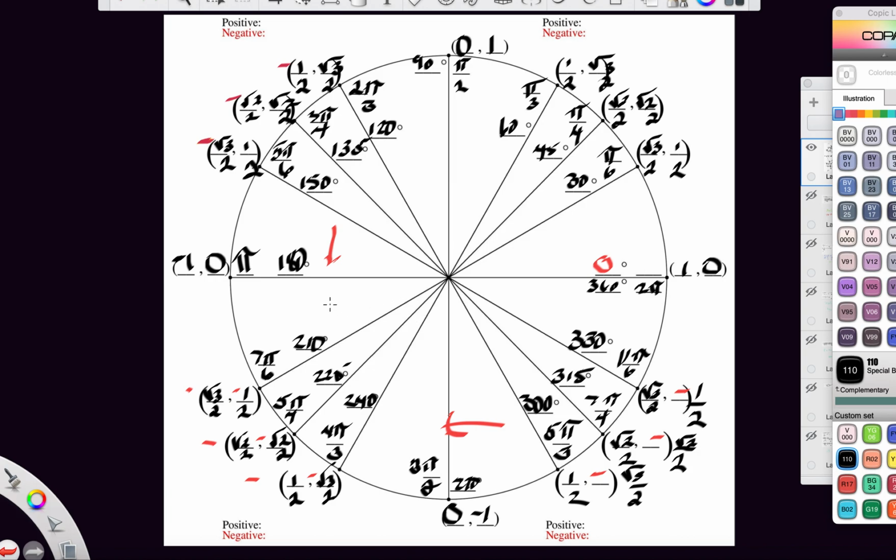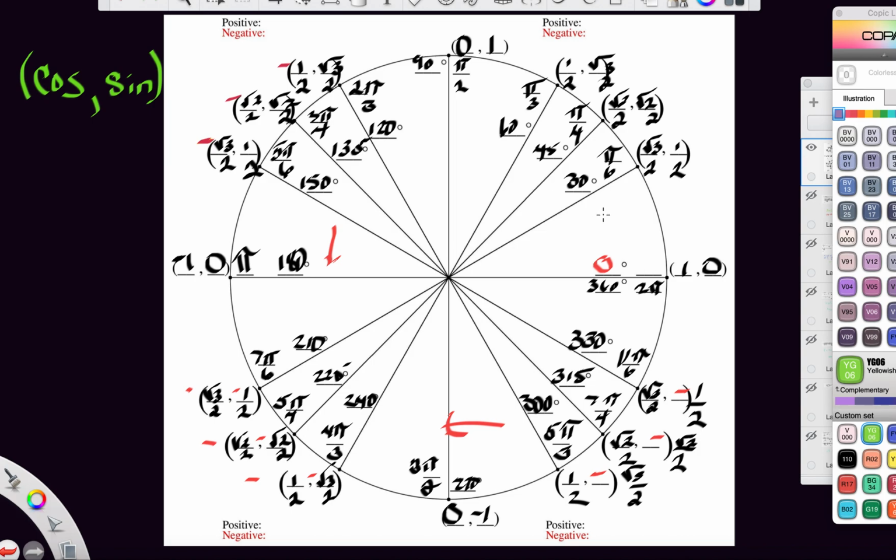Okay. Now that we have this all finished, your unit circle is complete. This is what I want to see. If you want that extra credit, you have to understand 2 concepts. You need to understand the positives and negatives of this whole thing, and you need to understand that in your coordinate pair, cosine is your x value of this coordinate pair, of that coordinate pair, of that coordinate pair, and sine is y.